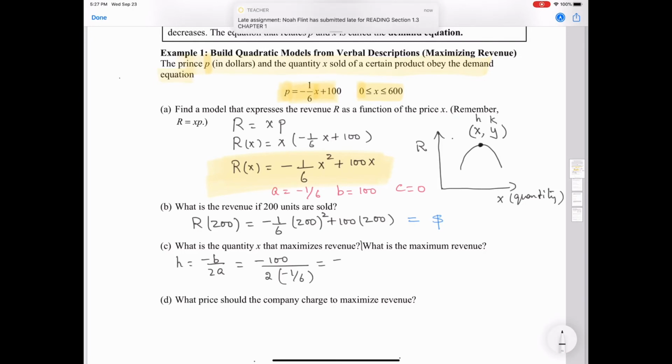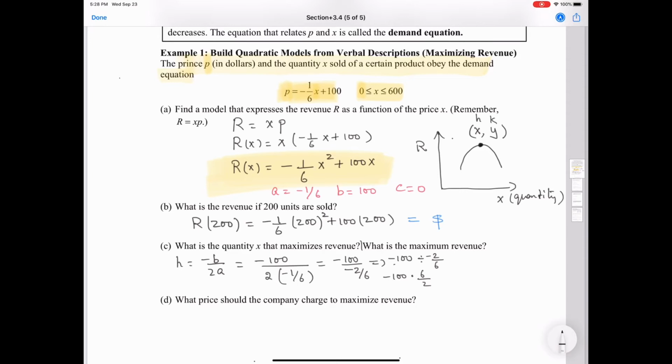If you want to write this, you can say negative 100 divided by 2 times negative 1 over 6, which is negative 100 divided by negative 2 over 6, or negative 100 times 6 over 2.